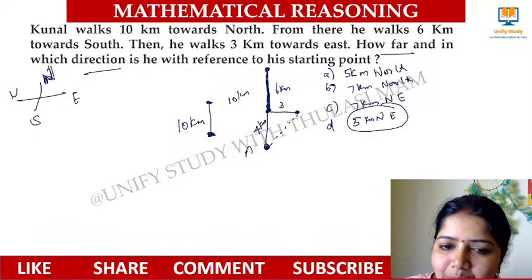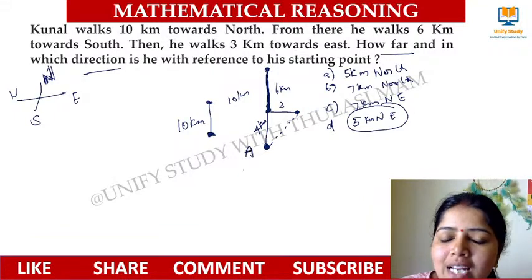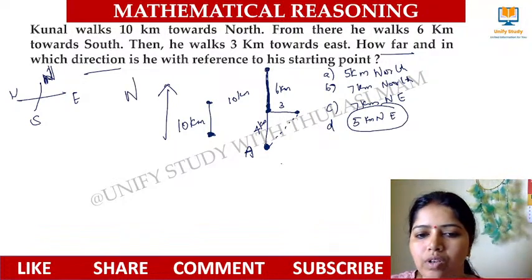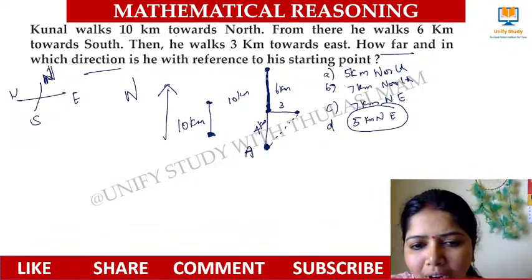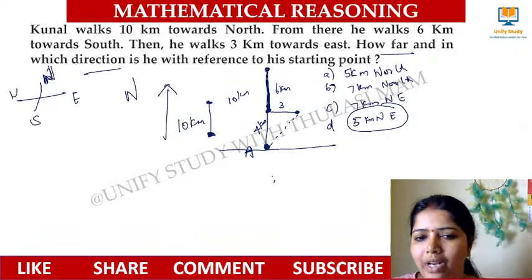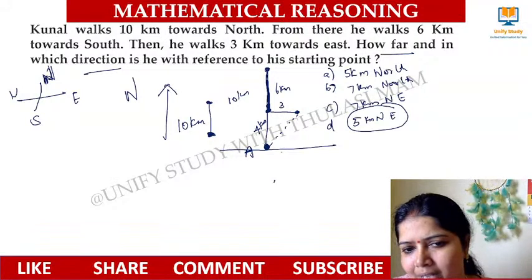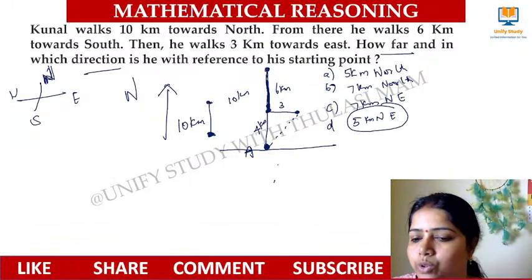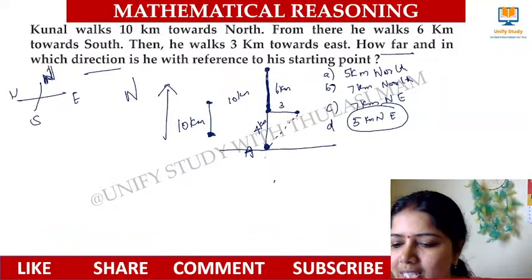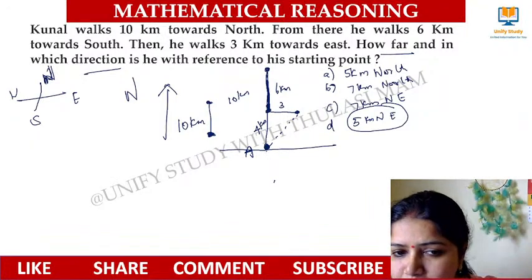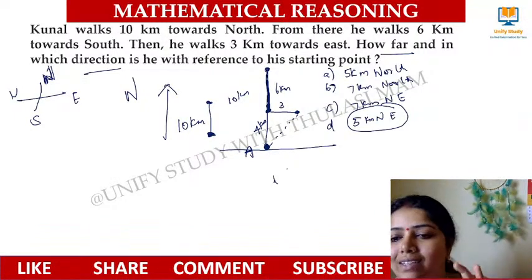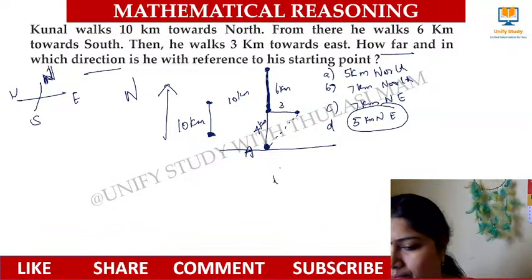See, he started from this point and he moved towards north. Only when he comes below this point will it be south. Until then, it is north only.